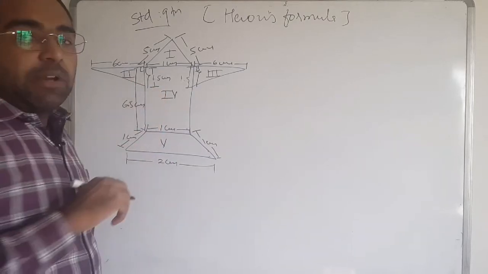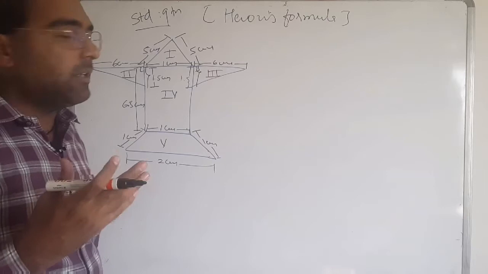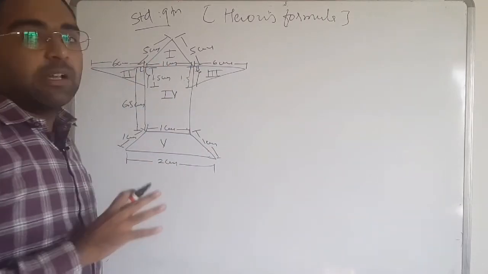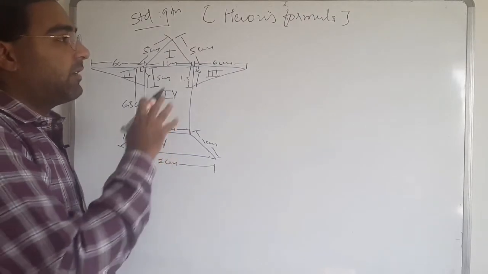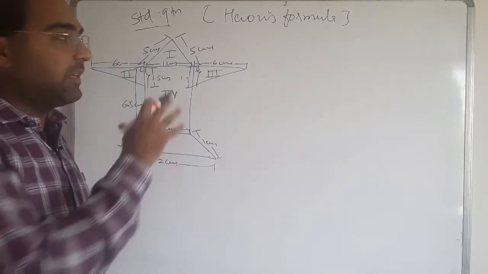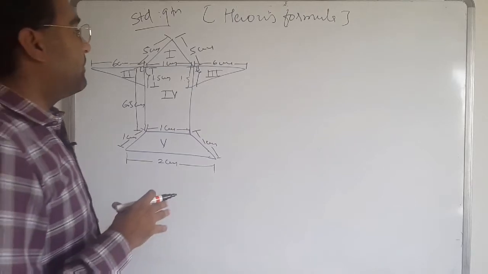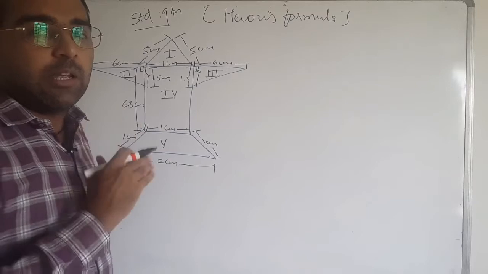Students, please write with me, because there are several figures given, and they may be part of the questions. So if you want to write with me, then please note down.